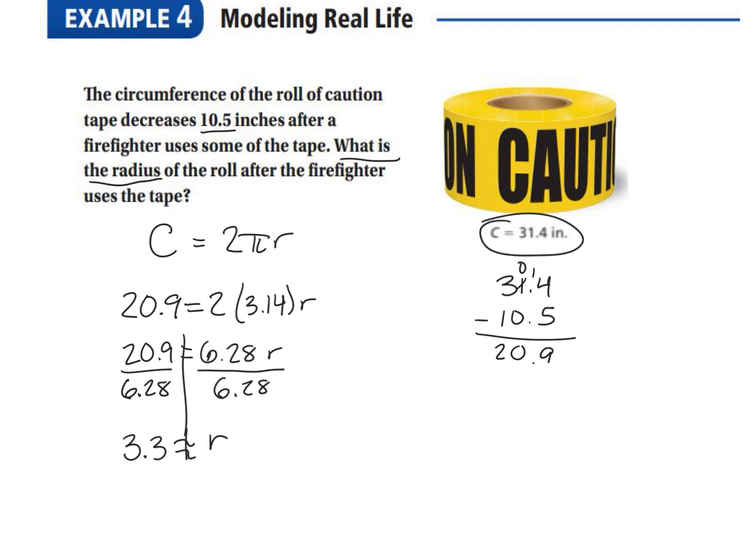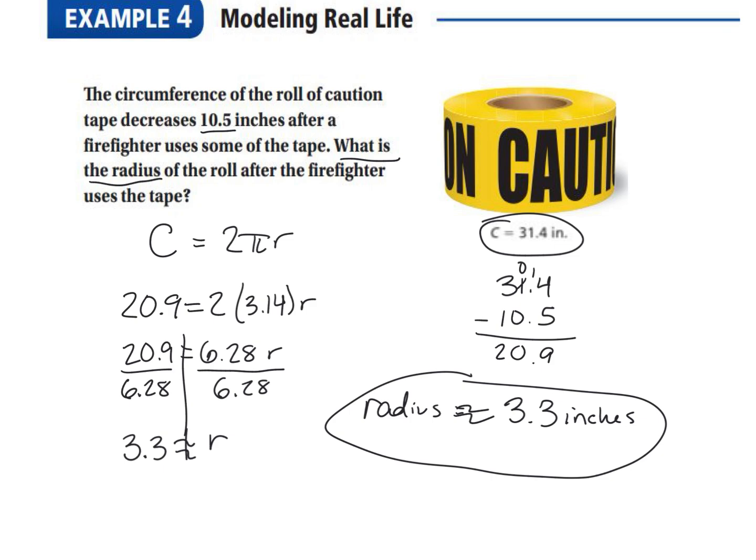The squiggly equal sign just means it's about as close to, we've rounded. So when asked what is the radius of the roll after the firefighter uses some tape, we would say that the radius is about 3.3 inches.